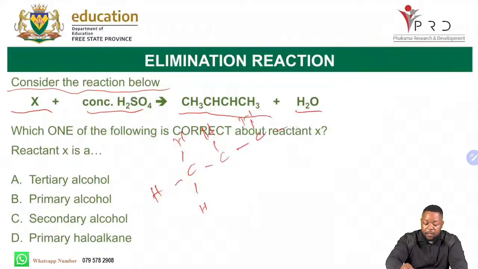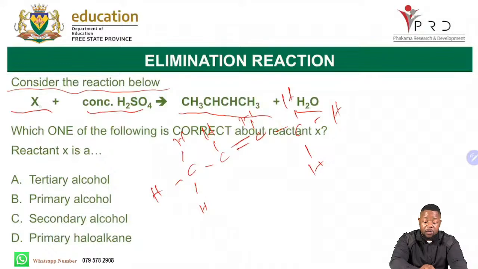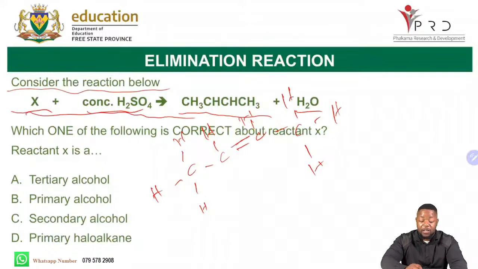That is a CH and the CH3. Now, if you look at the number of bonds between the carbons in the middle, you will see that there are 3 bonds there. And we know that each carbon is supposed to have 4 bonds. Now, the carbons in the middle are having a multiple bond, and this indicates that this molecule is unsaturated, and this also indicates that this type of reaction is an elimination reaction. So now the question says, which one of the following is correct about reactant X?